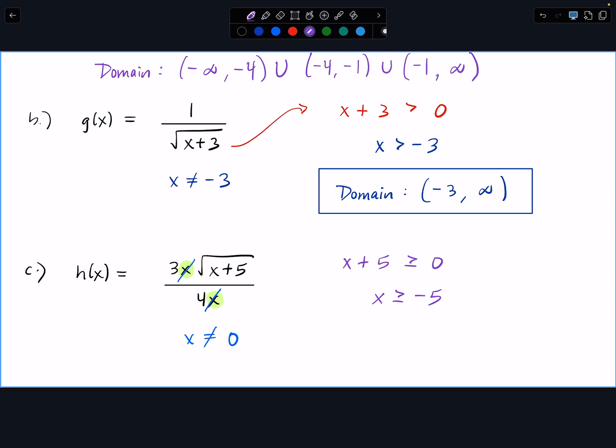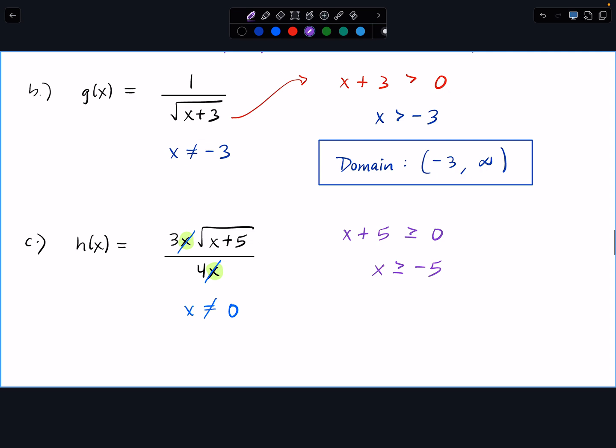Okay. Now, this right here using interval notation, that means negative 5 all the way to infinity, right? But there's something I have to remember. X also can't be 0. So I have to skip over 0. Bracket or parentheses? Bracket.